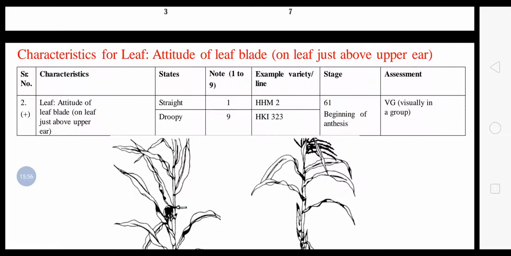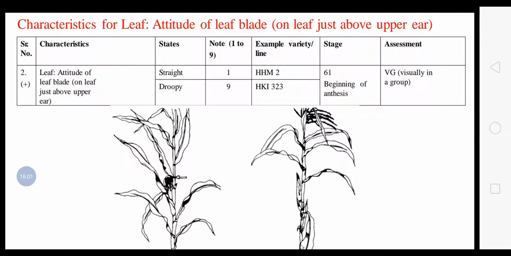The second character is leaf attitude, meaning the leaf blade attitude on the leaf just above the upper ear. Just concentrate that for the characteristics which are taken at the beginning of anthesis, we are concentrating on the leaf or the portion of the upper cob.